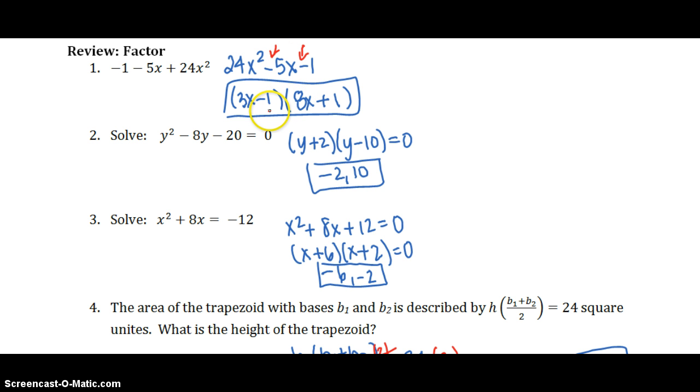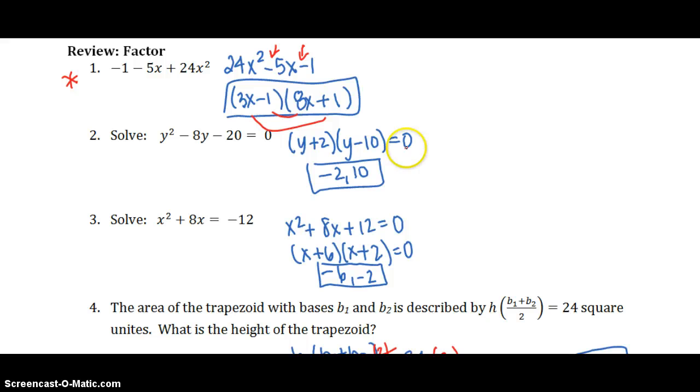And when you do the FOIL method, outside, inside, you end up with negative 8x, positive 3x, so that's what will make negative 5x. I will admit that number one was a little bit tricky. If you still had trouble with it, even after you see the correct answer, let me know in class.